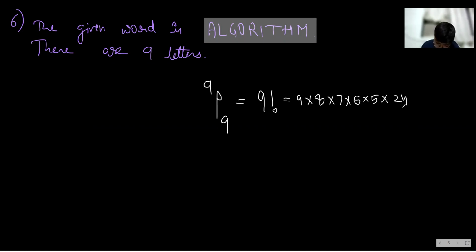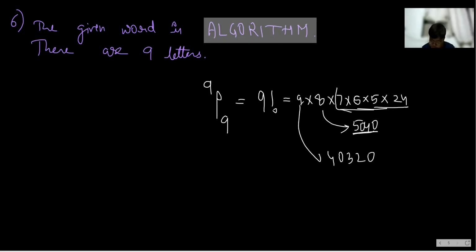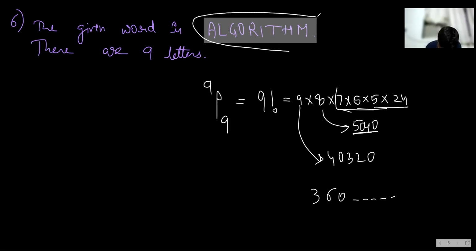So 4 factorial is 24, so 5 factorial is 120, this is 720, this is 5040, 7 factorial is 5040, into 8 is 40,320, into 9. It is almost 3,60,000 something. These many arrangements you will have of the letters of the word algorithm.